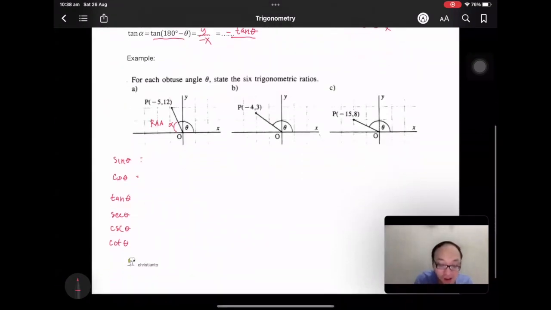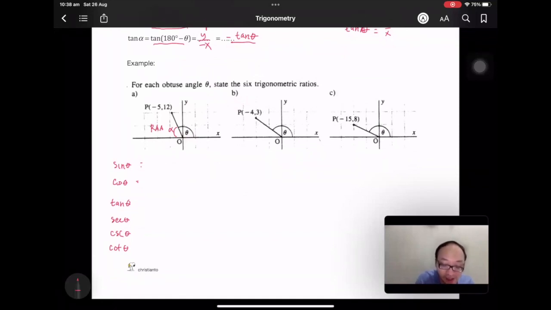So that means sine theta is equal to sine 180 minus theta, or equals sine alpha. So this is negative 5 and 12. That means this is 12 and this is negative 5.